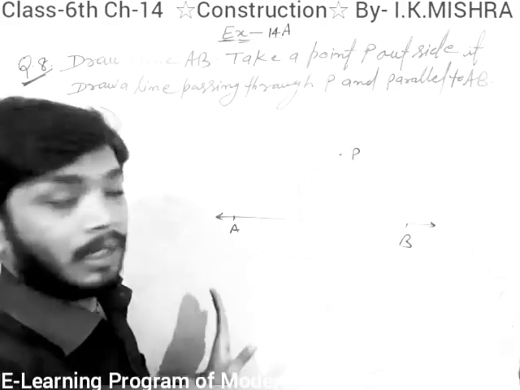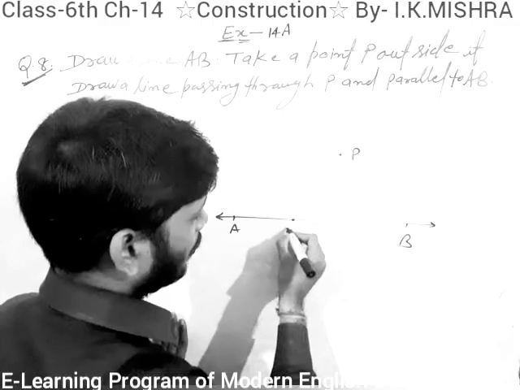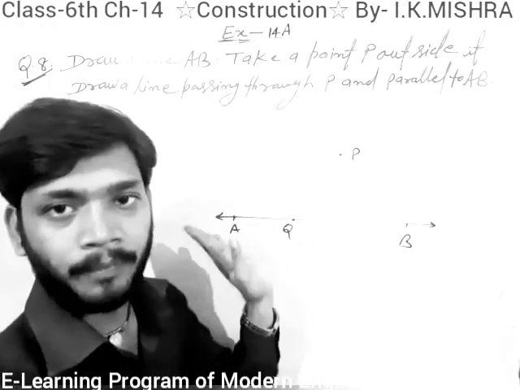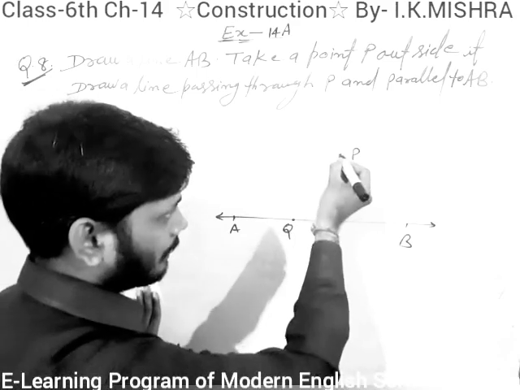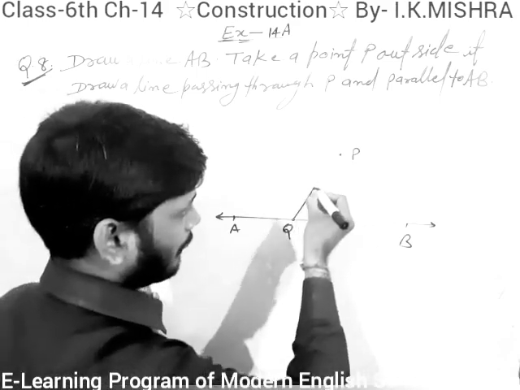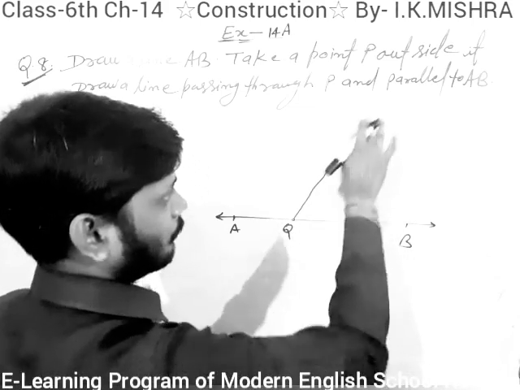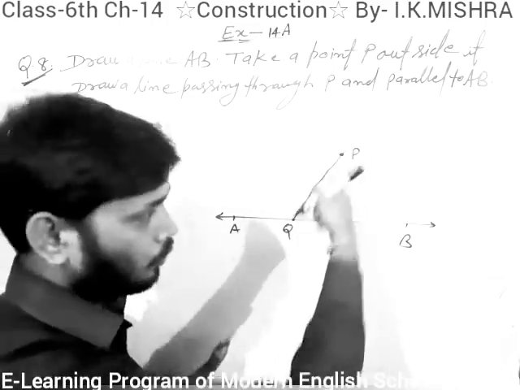Outside the line, and take any point, suppose a point Q is taken on the line AB. First of all, join Q and P. Join PQ.